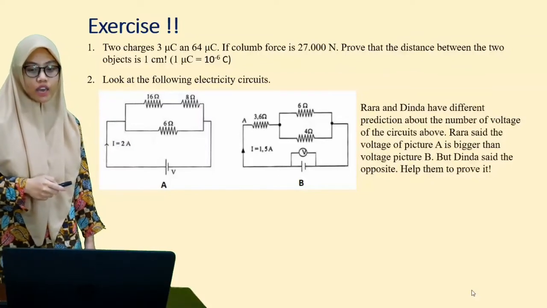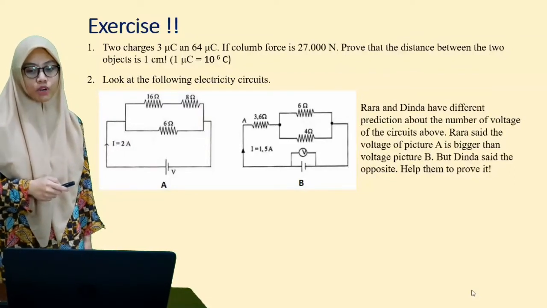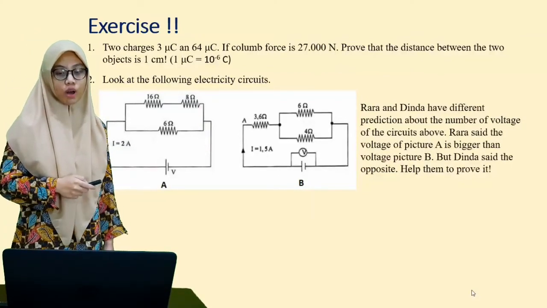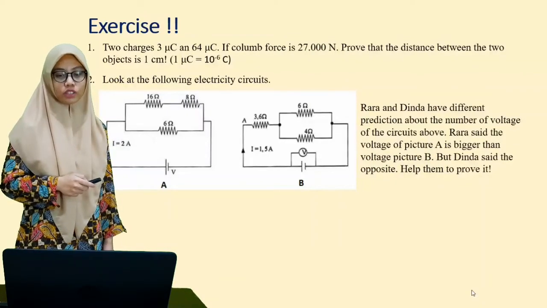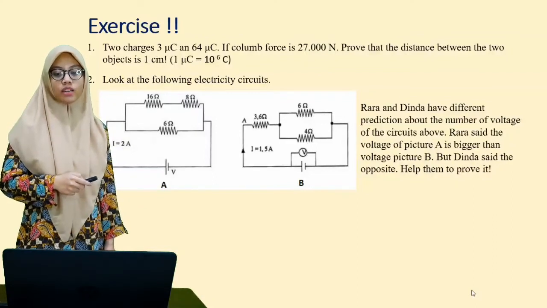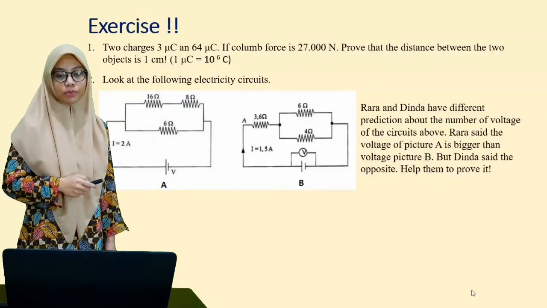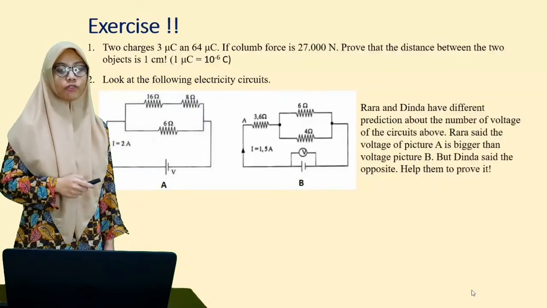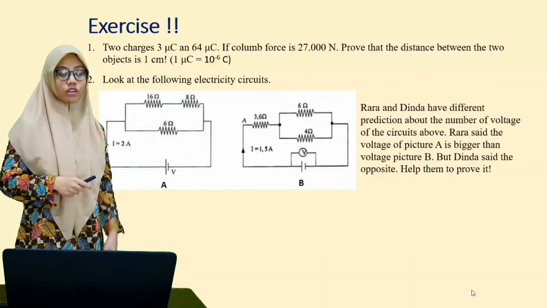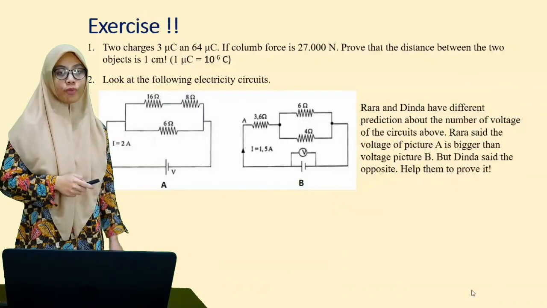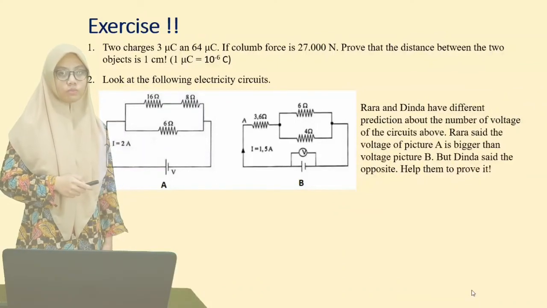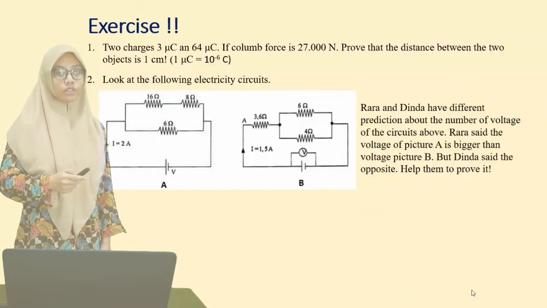Rara and Dinda have different predictions about the voltage of the circuits above. Rara said the voltage of picture A is bigger than voltage of picture B. But Dinda said the opposite. Help them to prove it. After you compare picture A and B, you must compare the voltage of picture A and picture B. Which one is bigger than the other?